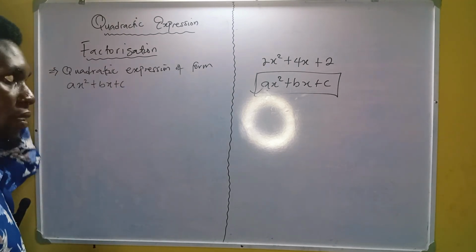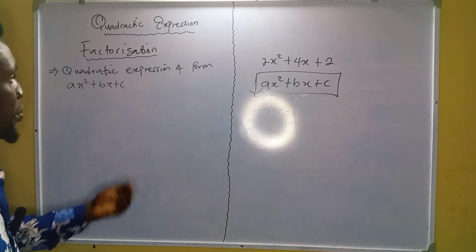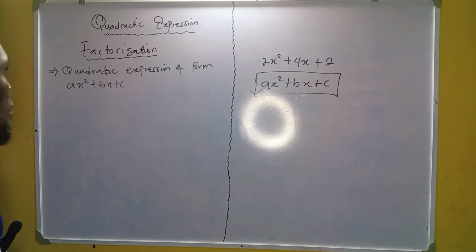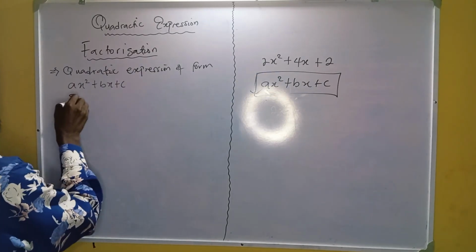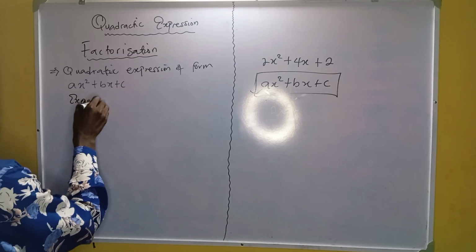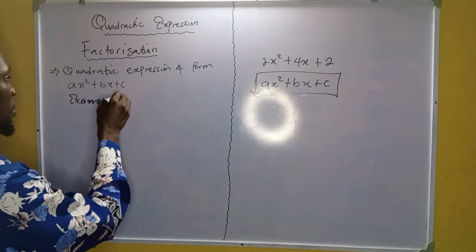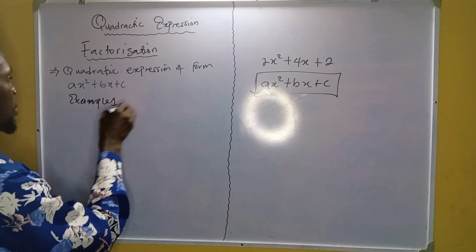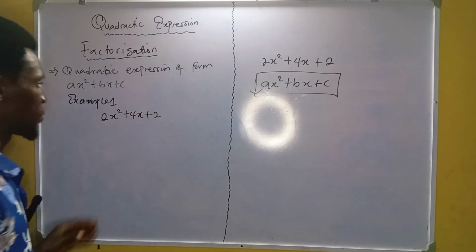So we'll take it step by step, and as we are going, I will explain most of those properties. Let's look at this equation. For example, you are given this as an example. Let's say this is our example 1, and you are asked to factorize 2x squared plus 4x plus 2.